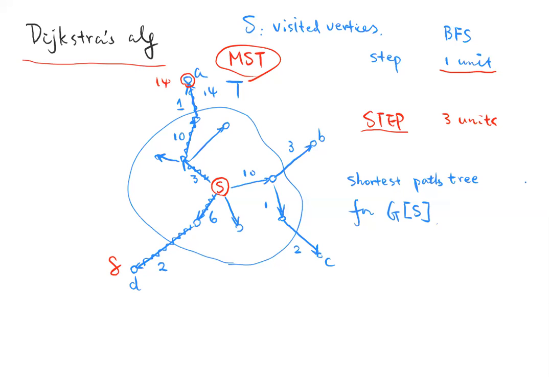The problem it may cause is that there can be an edge outside leading from D to A, a path DA. Maybe here the weight is 3. So instead of visiting A using this path, a shorter one is from S to this one, then to D, then to A. So we cannot put A in.